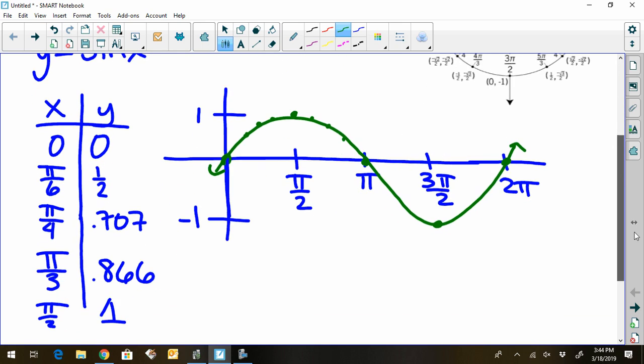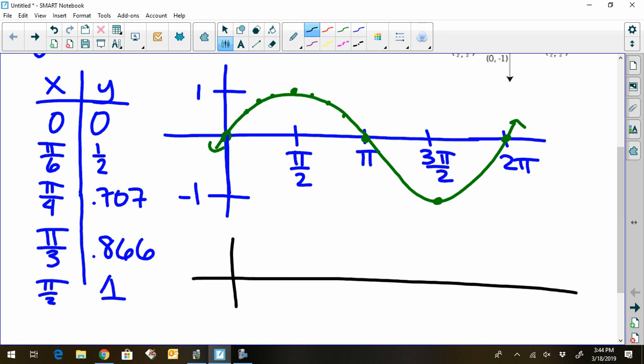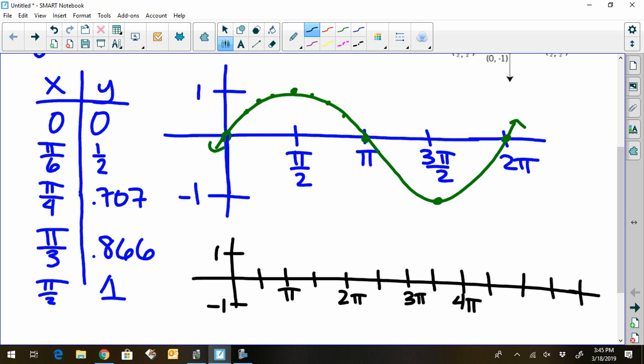So it keeps going, and if I were to zoom out a little bit on this, if I had a graph, I could keep going. I've got 1, I've got -1, I have pi over 2, pi, 3 pi over 2, 2 pi, and I could just continue with those values. And what my graph would look like, so we're graphing this green one over again.